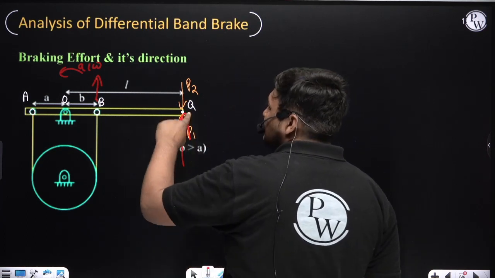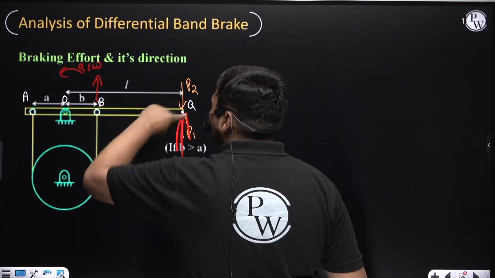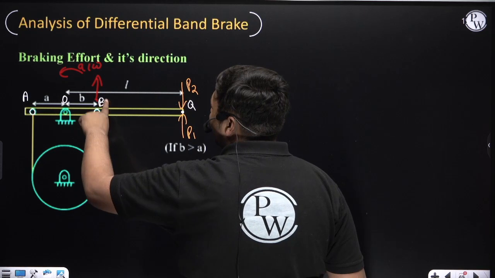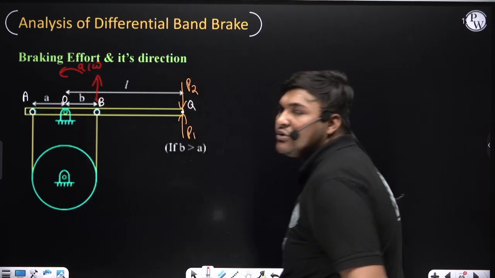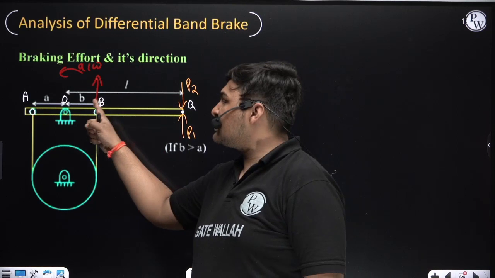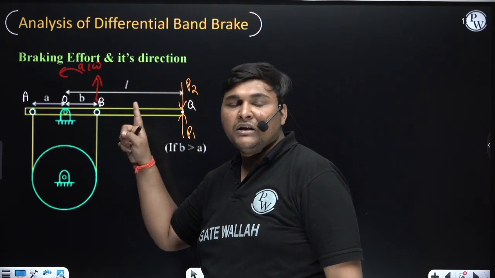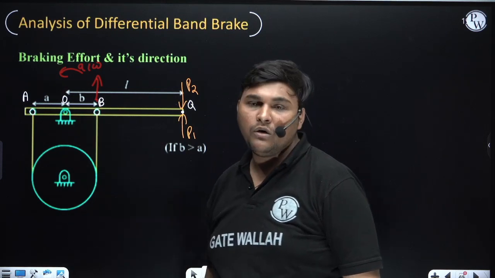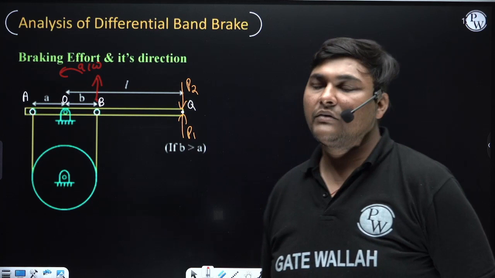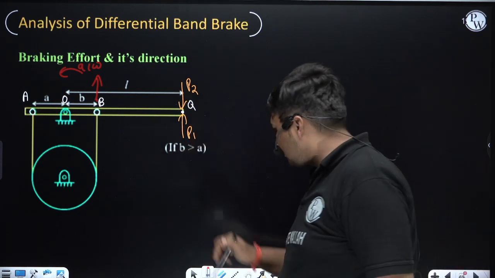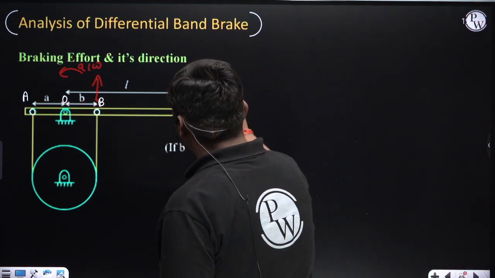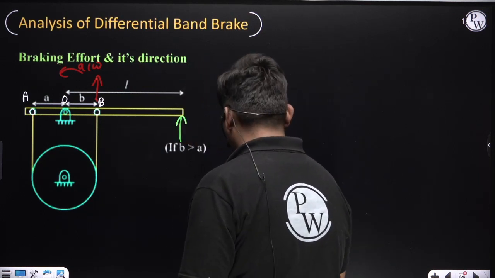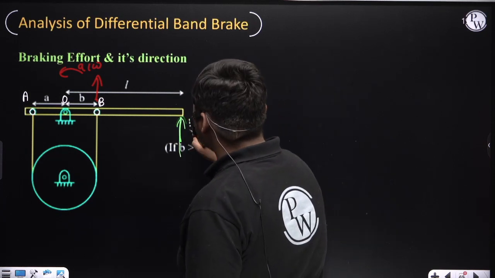Since it rotates the lever anti-clockwise, it will move point B upward, elongating that side of the band whose distance is more from point O, so the band will be in tension. So here the correct direction of braking effort is P1, that is this direction.